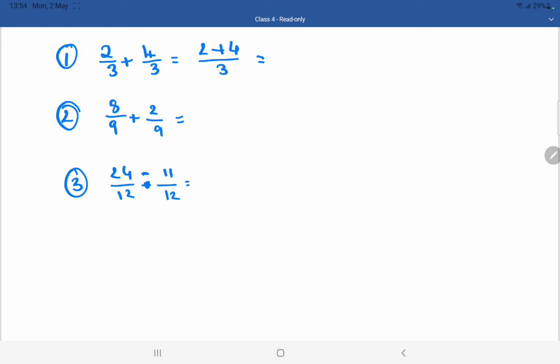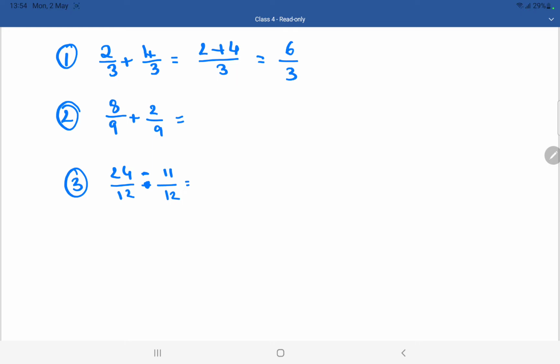You should not add 3 plus 3 in the denominator. Only add the numerators, that is 2 here and 4 here, and put the same denominator. 2 plus 4 is 6 by 3. I should not add 2 plus 4 divided by 3 plus 3, which is wrong. Only add the numerators and keep the denominator the same.